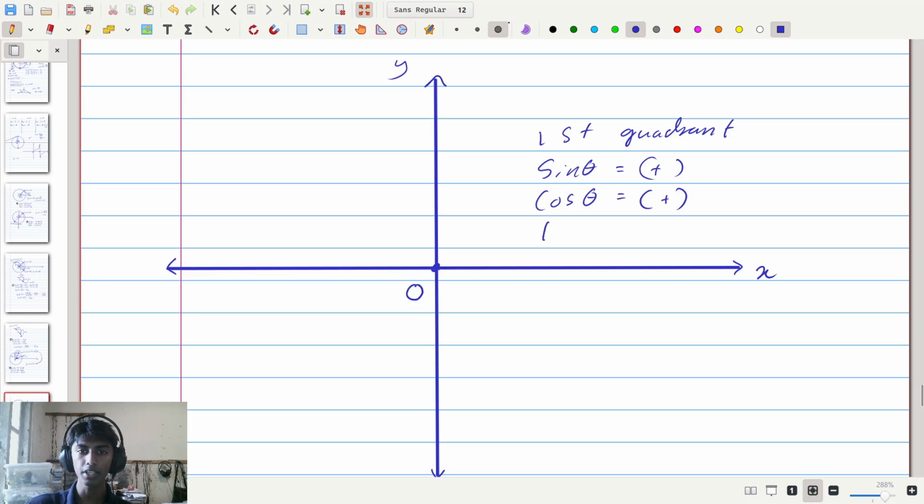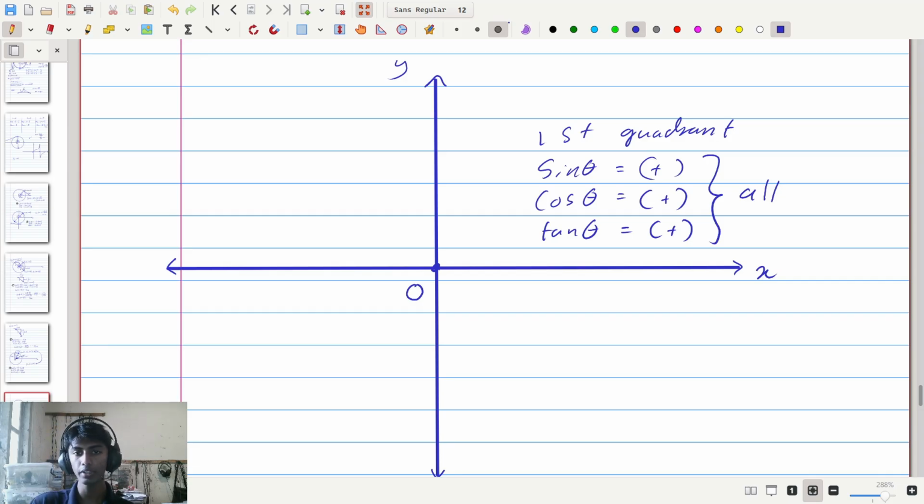Due to this property, tan theta is also positive. Because of this, we say that in the first quadrant, all of the 3 trigonometric functions are positive, or simply all are positive. Sine theta is positive in the first quadrant, cosine theta is positive in the first quadrant, and tan theta is positive in the first quadrant.